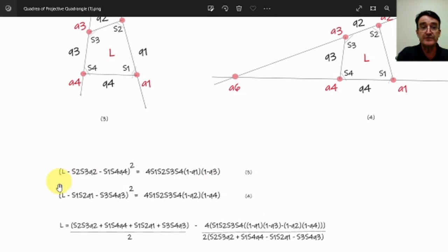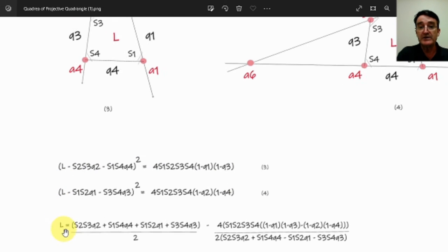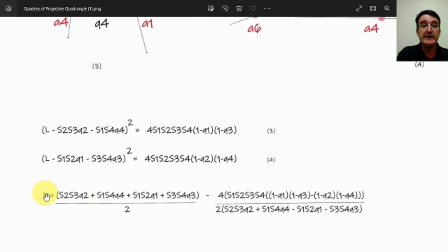meaning they have a common solution for the quantity L, and that common solution is given here.